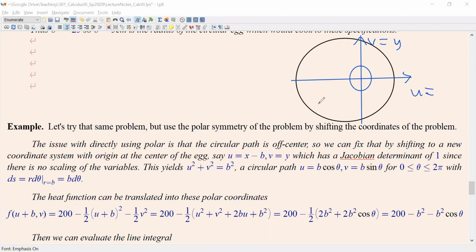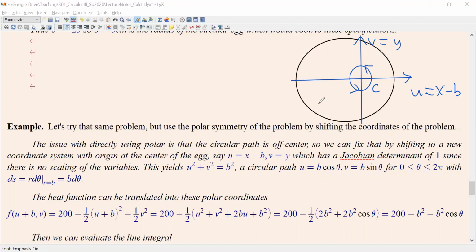And so we need to take X and shift it by B. If we subtract B from X, we shift it to the right. So that's where we shift the V axis. And so now we can describe our path C in terms of polar coordinates.